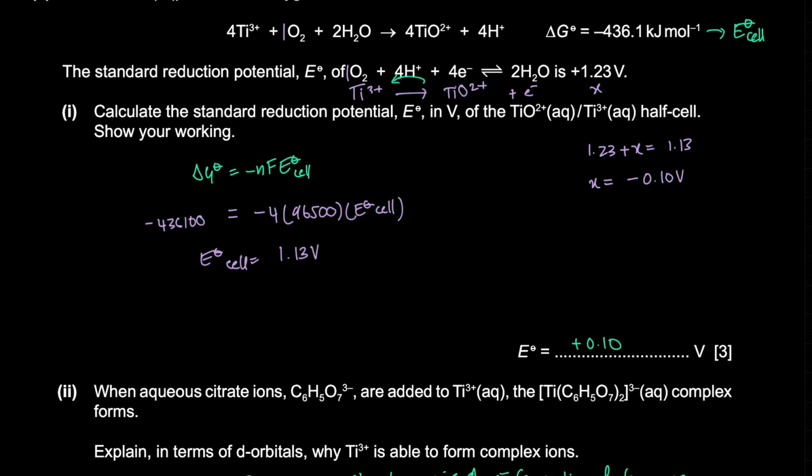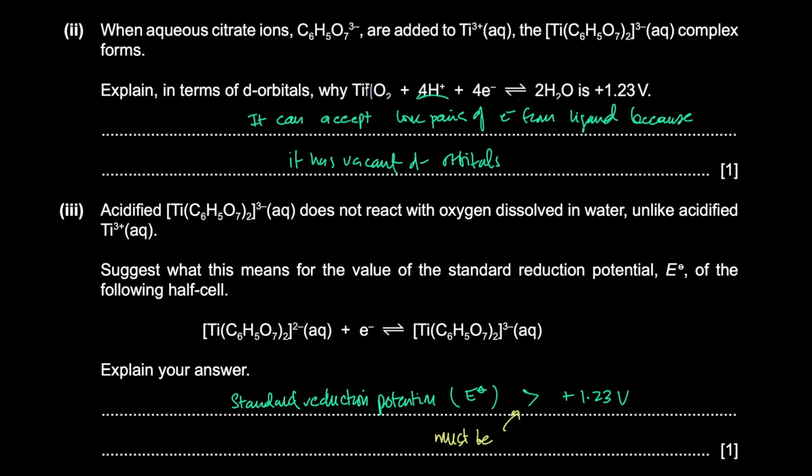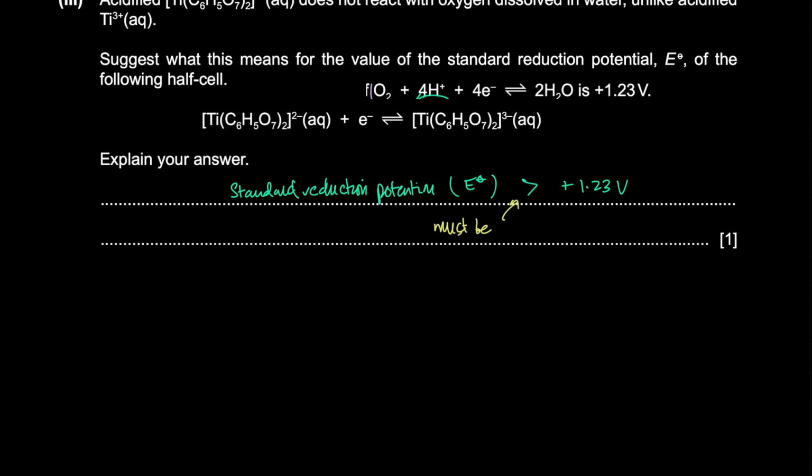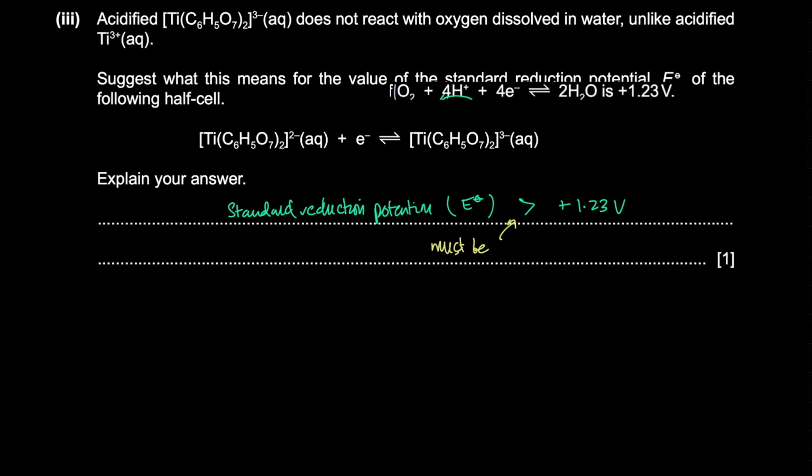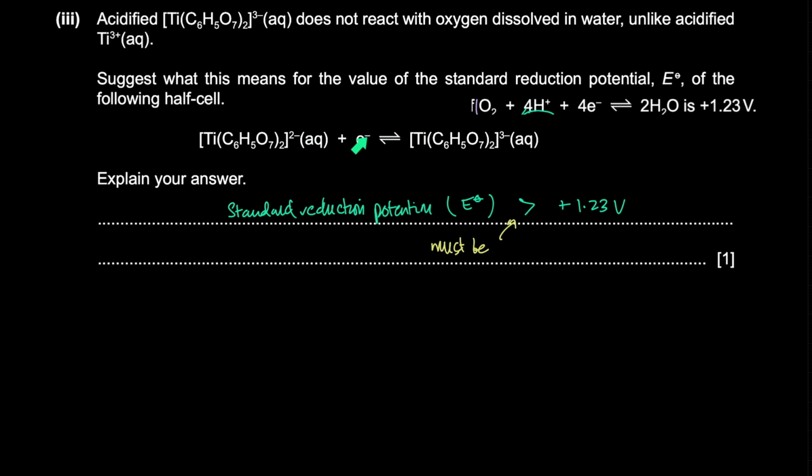Over here, if you take this half equation that they've given to us, what they're saying is that if oxygen is acting as the oxidizing agent, it's undergoing reduction. This E must be more negative than 1.23.